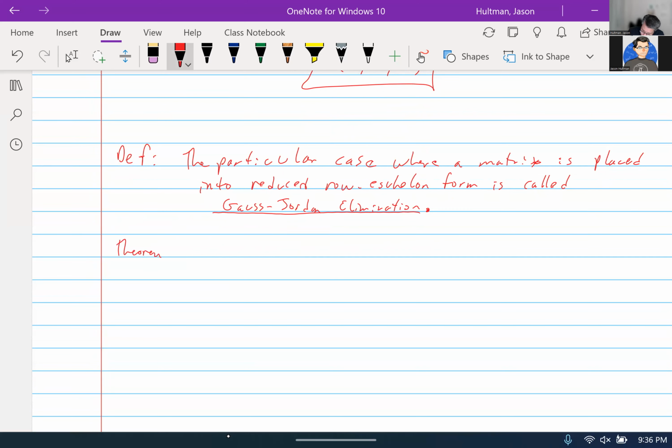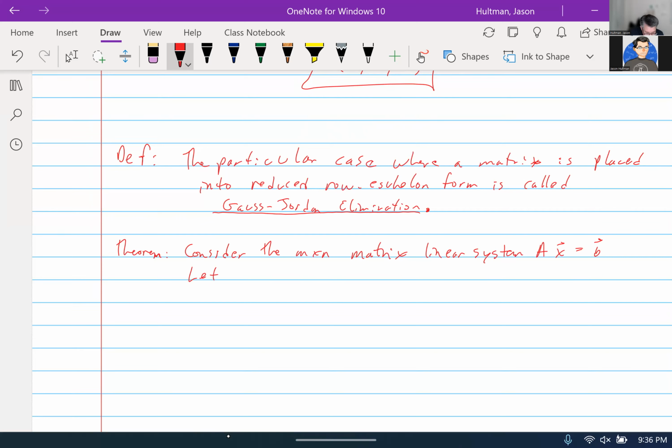Theorem. Consider the m by n matrix linear system A times vector x, that's my variable matrix, is equal to vector b.